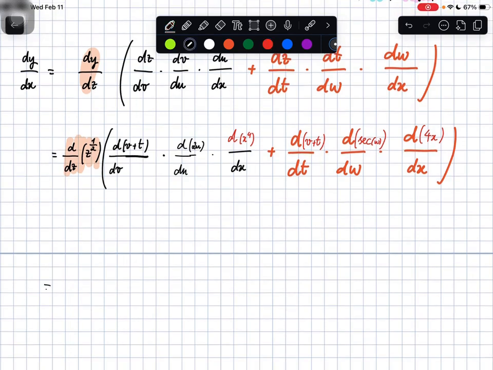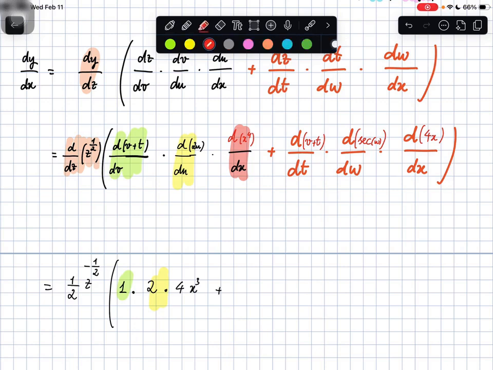Now we are almost done. dy over dz is z to the power of 1/2 minus 1, so minus 1/2, inside v plus t. dv is 1. These terms give us 1. The next terms give us 2, so times 2. The next one gives us 4x cubed.